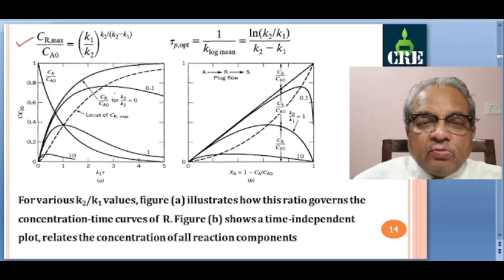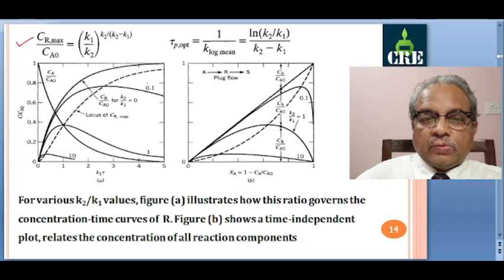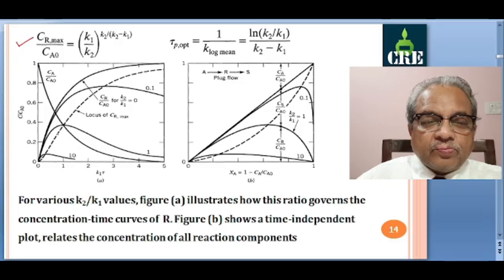So this curve represents Cr by Ca0 at K2 by K1 equal to 0. This is for the ratio 0.1. This is Cr by Ca0 again, for K2 by K1 equal to 1. This is for Ca by Ca0, we know it is an exponential decay curve, and this is for K2 by K1 equal to 10.